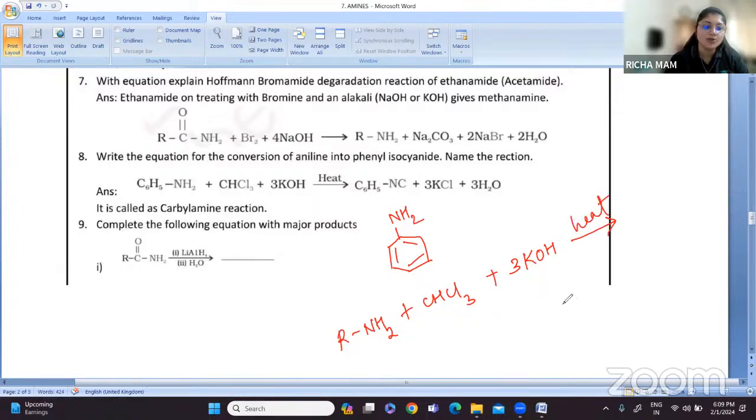Primary amines are converted into isocyanides, plus 3KCl plus 3H2O.